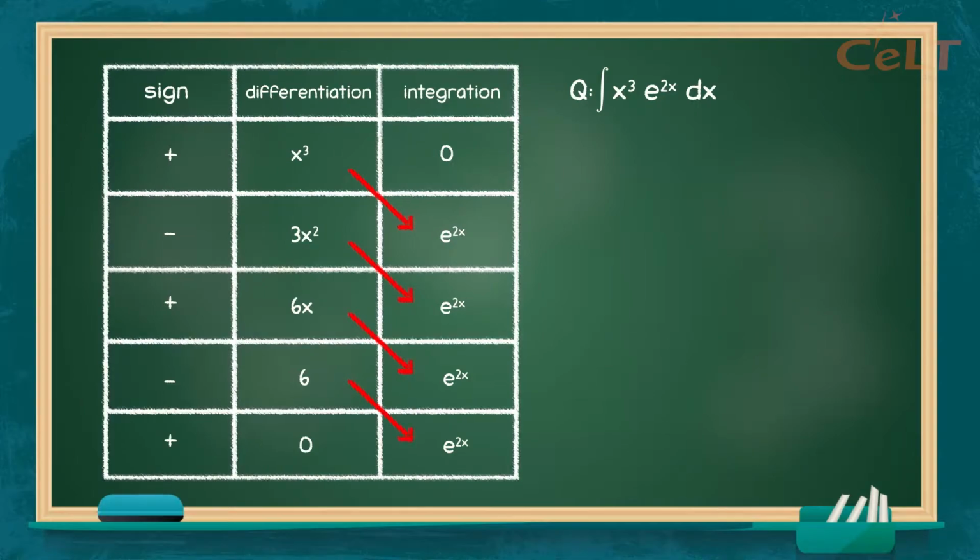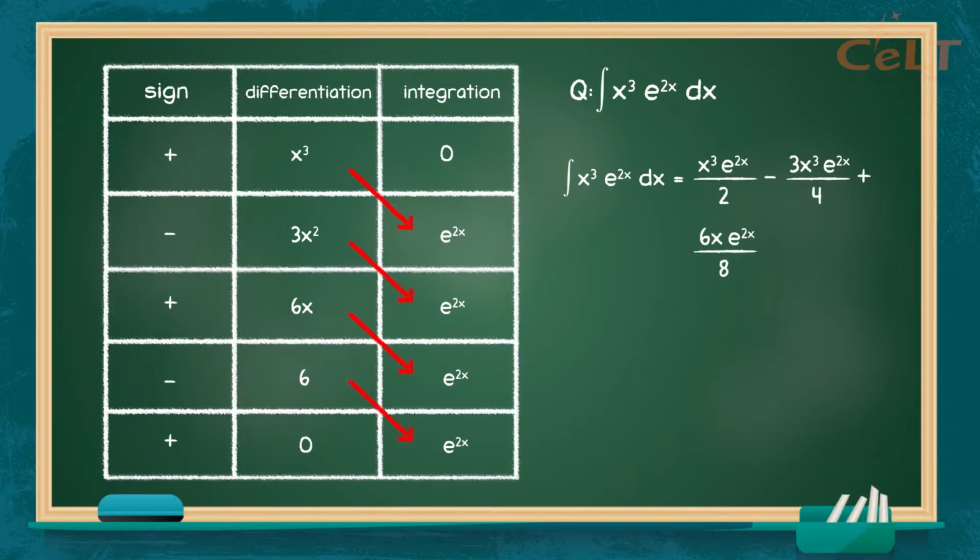We choose x power of 3 as a differential part because P is first before E, LIPET principle. Then we differentiate the x power of 3 until 0. After that, integrate e power of 2x until the same row of 0 at the differential side.